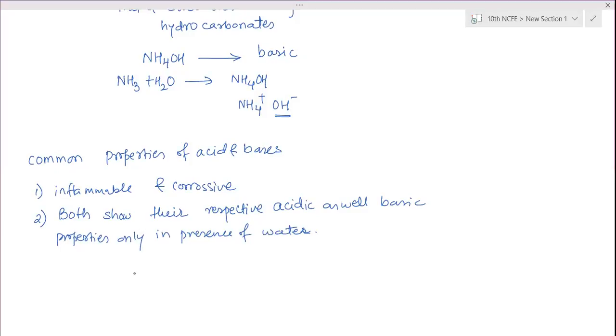Name the gas produced when sulfuric acid is added to sodium chloride or common salt.